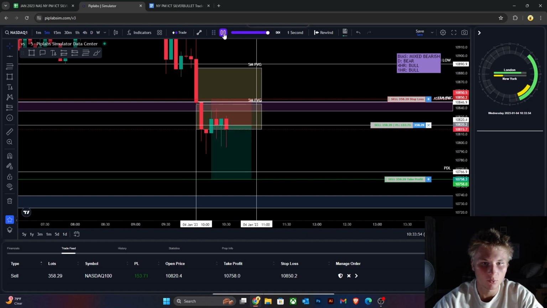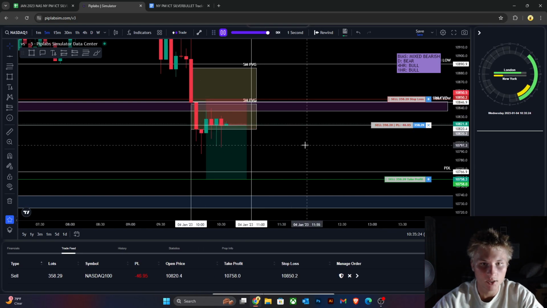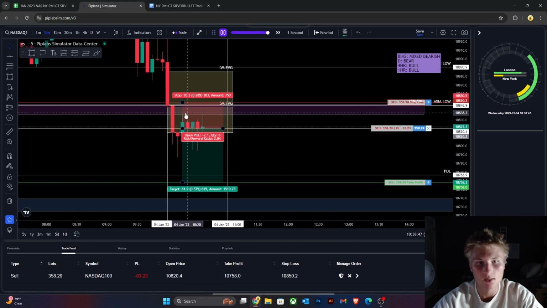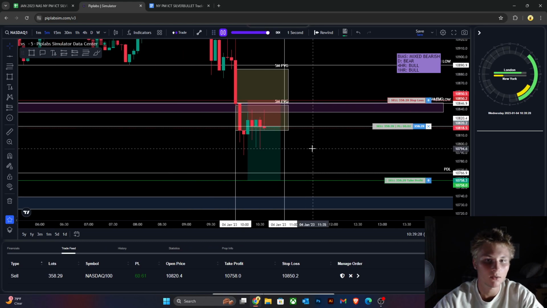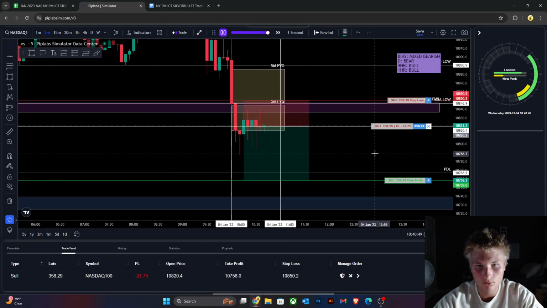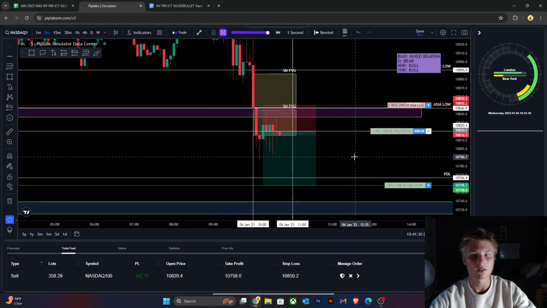Bearish would be nice. Looks like price is rejecting here. We're just playing inside of this 5-minute fair value gap right now, by the looks of it. But yeah, we're gonna hold this out.